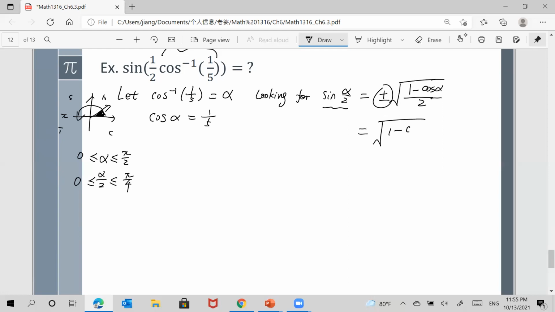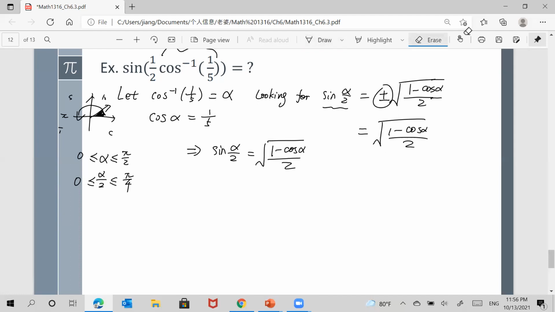So we have cosine alpha, and we also have the expression for sine alpha over 2. That means sine alpha over 2 equals square root of (1 minus cosine alpha) over 2. I can erase this because I just move it to the middle.